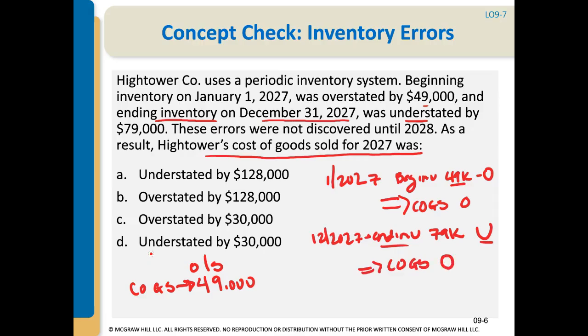So that means our cost of goods sold is overstated. So now my cost of goods sold is overstated by 49, plus it's overstated by the 79,000 from the ending inventory error. And so the total of that is a $128,000 overstatement. So I think it should be B. Yes, it is B.